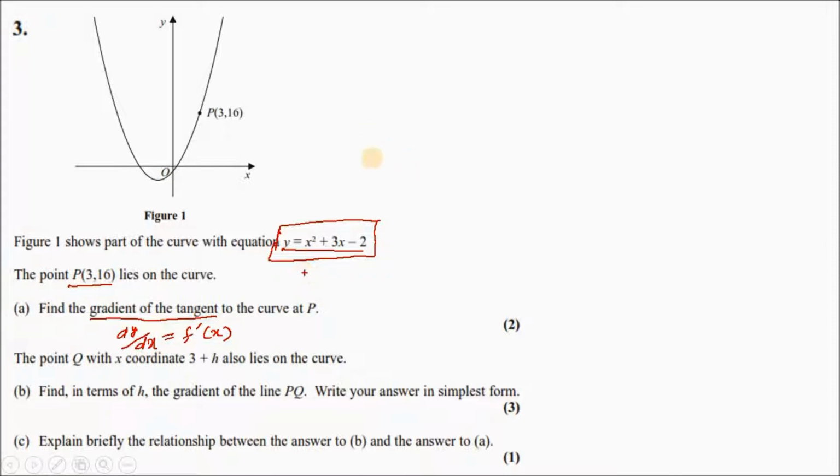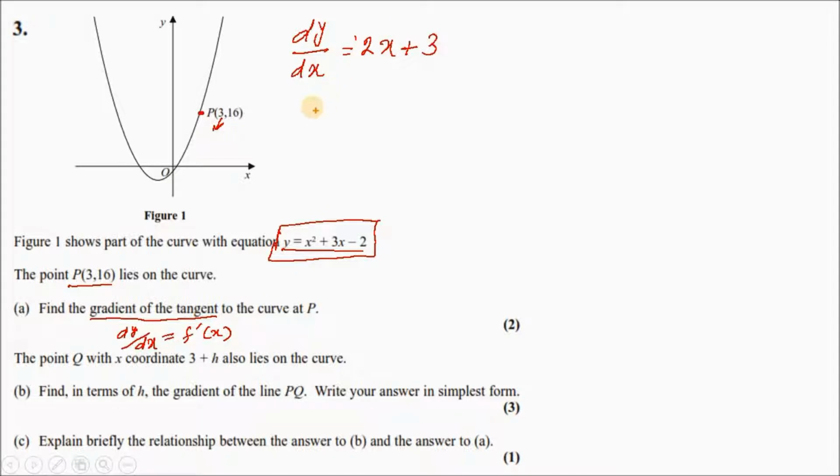So first we are going to differentiate. dy by dx is equal to 2x plus 3. This is the gradient of the tangent at any point on the curve, but we need to find the gradient of the tangent at that particular point here. So we need to put the value of x in the differentiation.